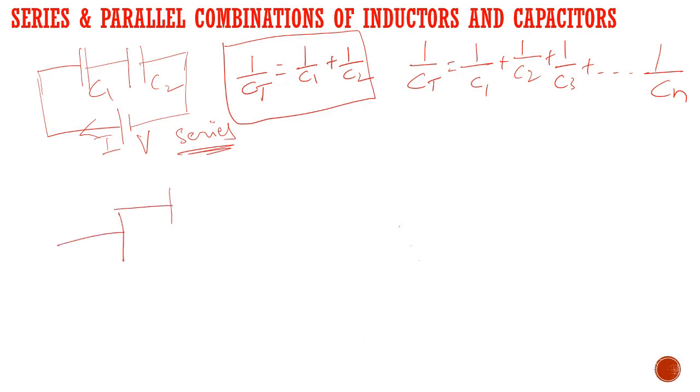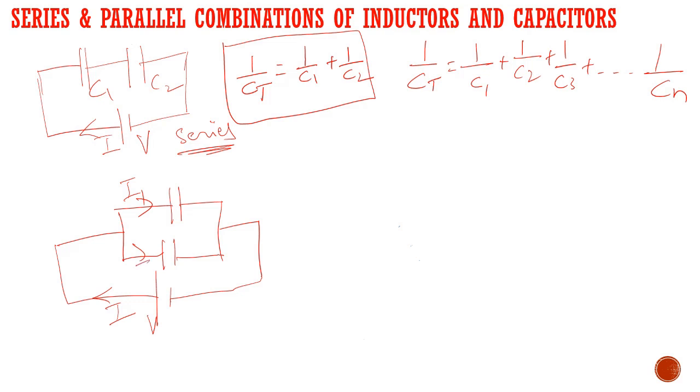What if two capacitors, namely C1 and C2, are connected in parallel? So some voltage V is applied across the parallel combination, and the current I is flowing here. Here I1, I2 are going here, and this is C1, this is C2. Now the total capacitance CT is the addition of individual capacitances.